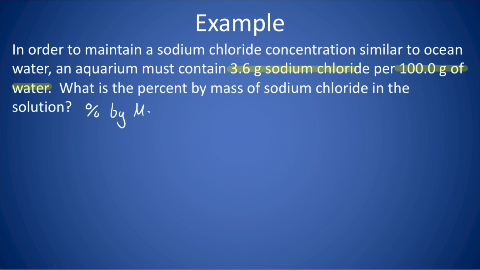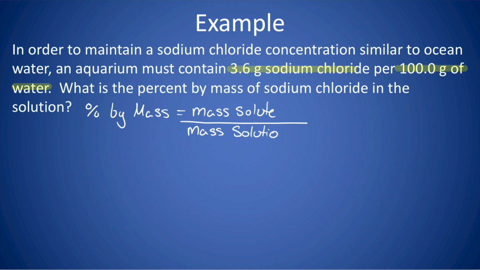Well, remember, percent by mass in this case is going to be the mass of the solute, which in this case is the sodium chloride, divided by the mass of the solution, and then times 100 to make it a percent.